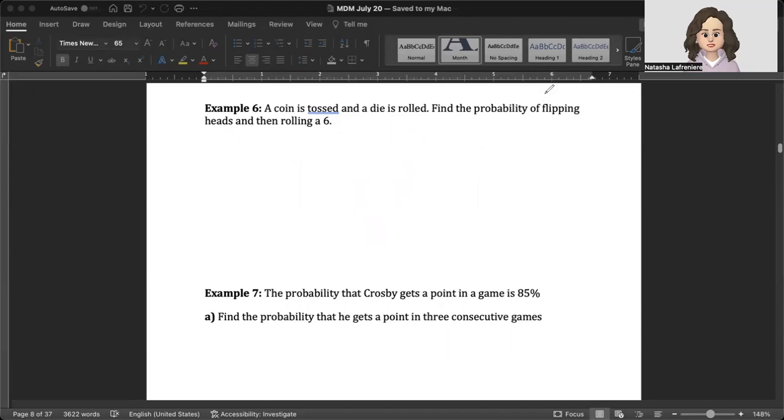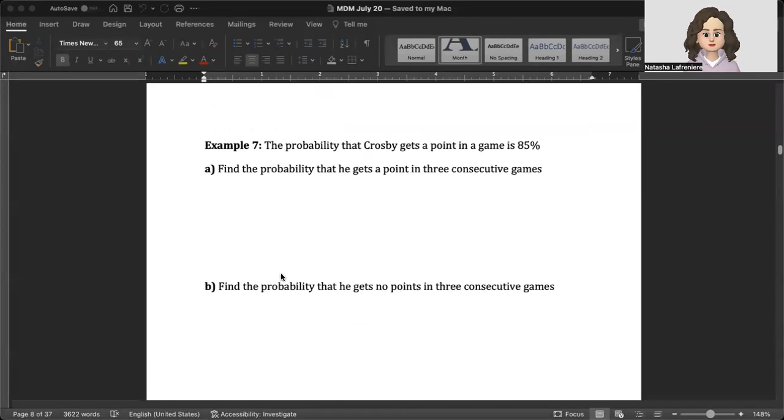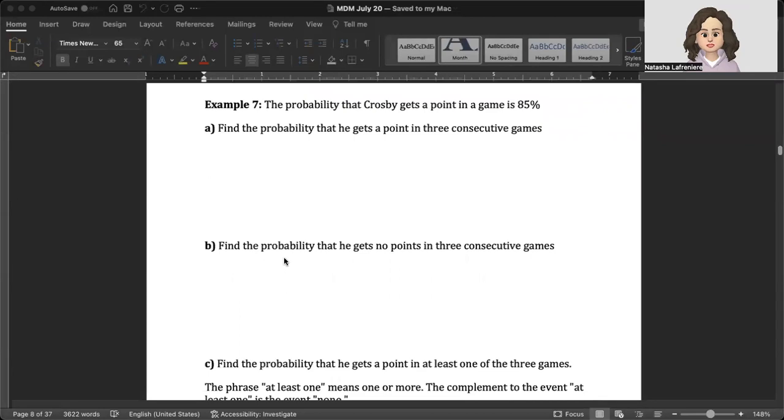So I'm clearing this. The probability that Crosby gets a point in a game is 85%. Find the probability that he gets a point in 3 consecutive games. This is going to be super repetitive. So it will be P of point times P of point times P of point.